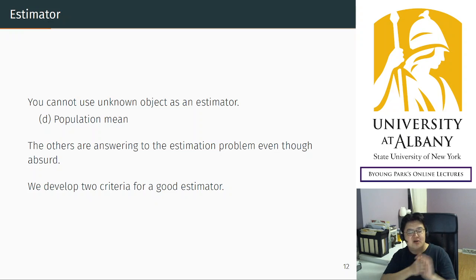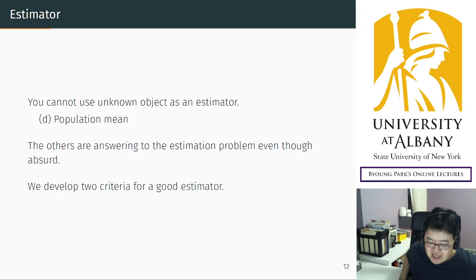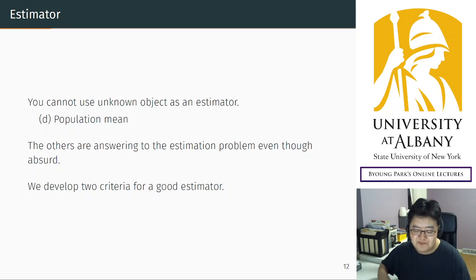So we learned what cannot be a parameter and what cannot be an estimator. It's important to get an idea of what we are doing and the relationship between an estimator and a parameter. And then the natural question for the next step is, okay, there can be a lot of possible estimators.